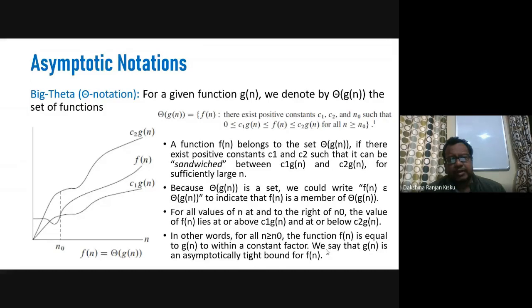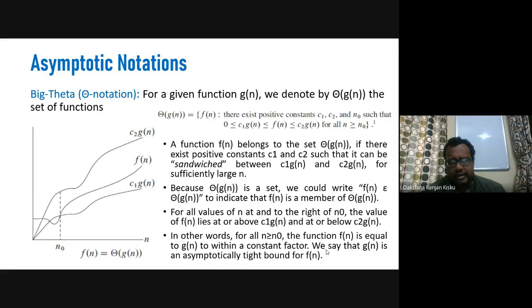Now we have another asymptotic notation, which is known as the big theta notation. For a given function g(n), we denote theta of g(n), which gives the set of functions by the following relation.